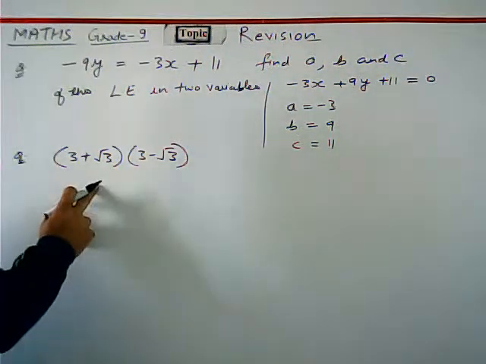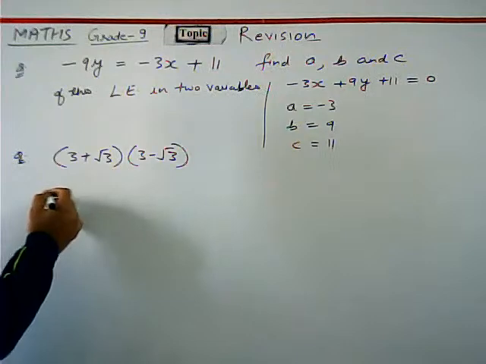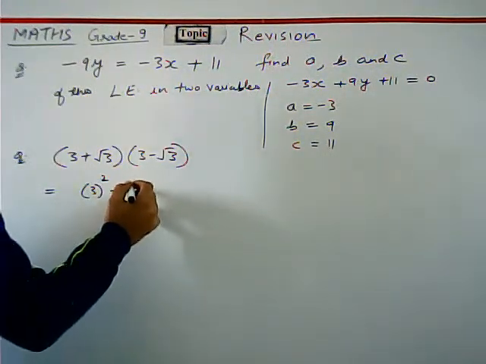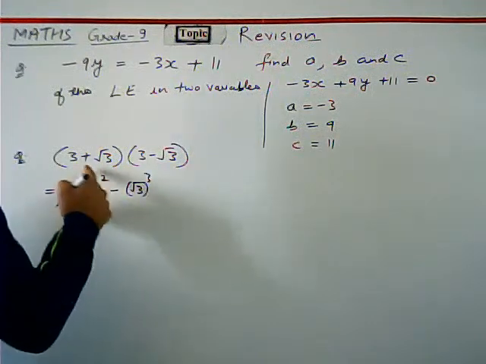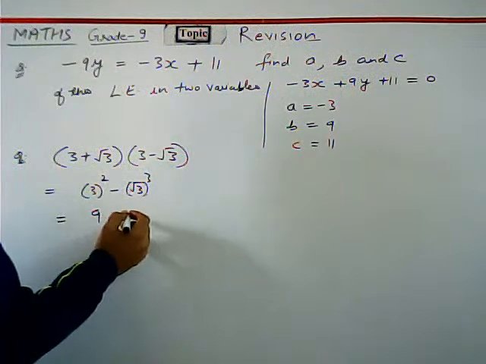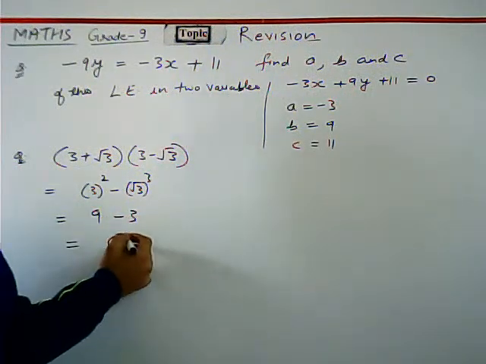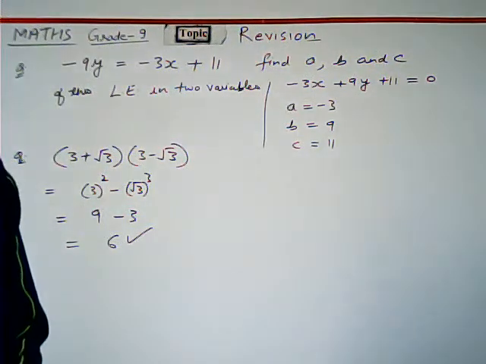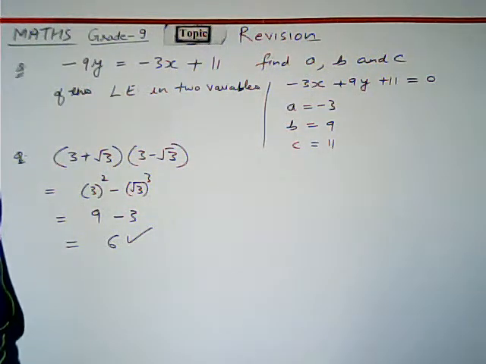Next question here: A plus B, A minus B, is A square minus B square. So here 9 minus 3, the answer is 6.